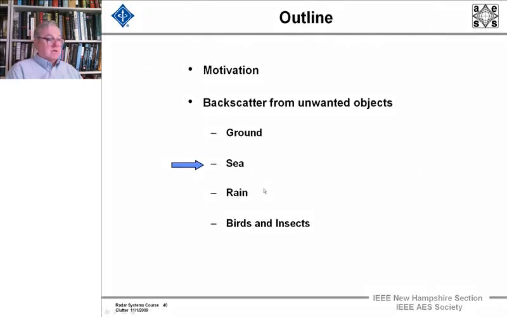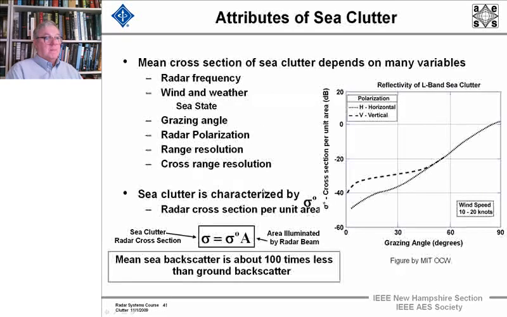And now we'll look at sea clutter. Sea clutter is dependent on a quite large number of variables, and here again we have a curse of dimensionality. The radar frequency, but we've got to add in the wind and the weather, sea state, the grazing angle and polarization, cross range resolution and range resolution, as with ground clutter.